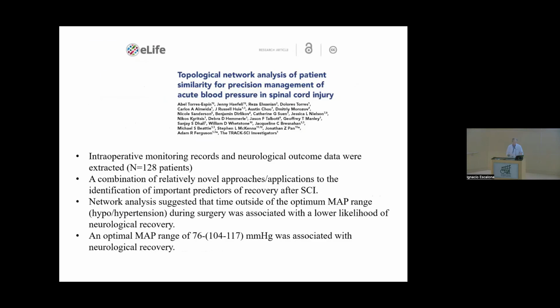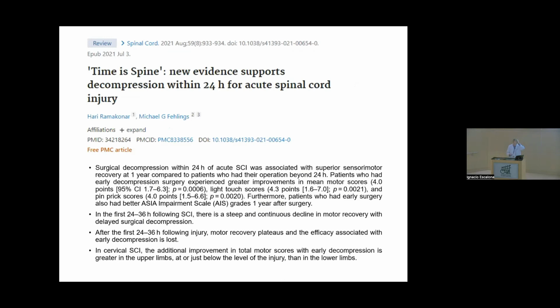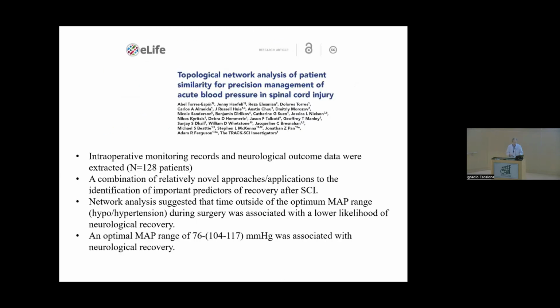This is a really good study. I was just in TRACK-SCI. A lot of people have heard about the TRACK-TBI study, but this is coming out of San Francisco with a lot of the colleagues that we work with, Michael Beatty, Adam Ferguson, and of course, Dr. Manley.